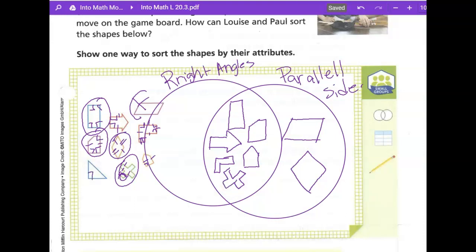It does have one 90-degree angle, but it has no parallel sides. Triangles cannot have parallel sides. And this happens to be a right triangle, so I will try and draw it so it has a right angle in the corner. Go ahead and turn your paper over.